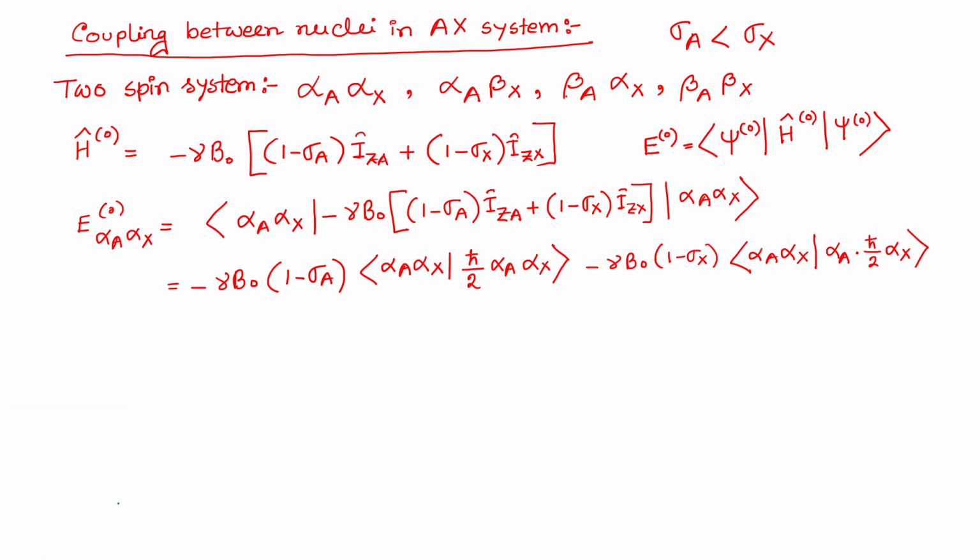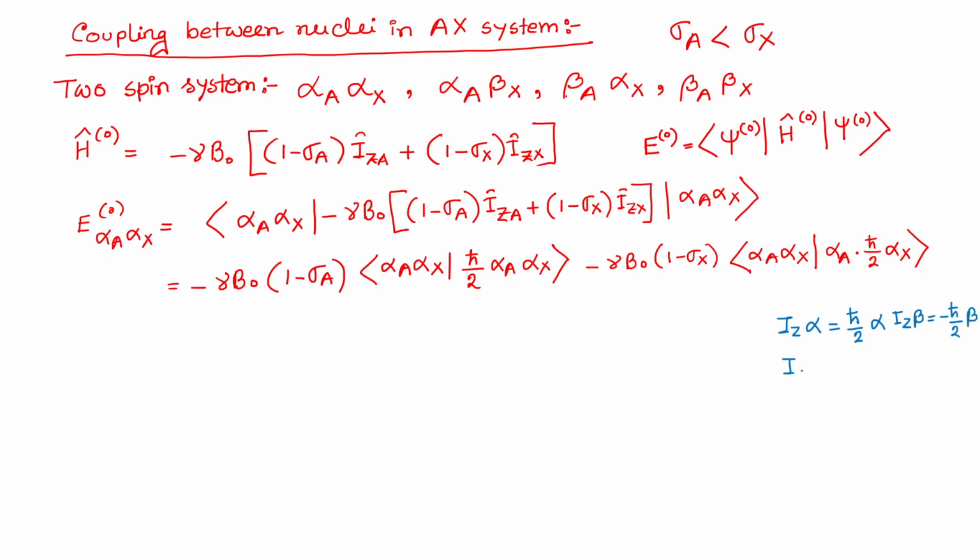Okay. So here I will give you a few cheat codes. When IZ operates on alpha, you are going to get H cut by 2 alpha. When IZ operates on beta, you are going to get minus H cut by 2 beta.